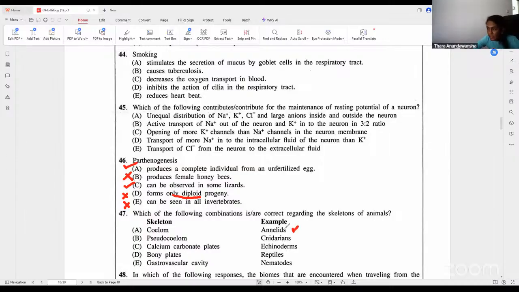Coelom is acting as a hydrostatic skeleton. Pseudocoelom in Cnidarians, they don't have a pseudocoelom, so that is wrong. Calcium carbonate plates, yes, endoskeleton in echinoderms. Bony plates, reptiles, correct. Gastrovascular, no. The answer is A, B, D.